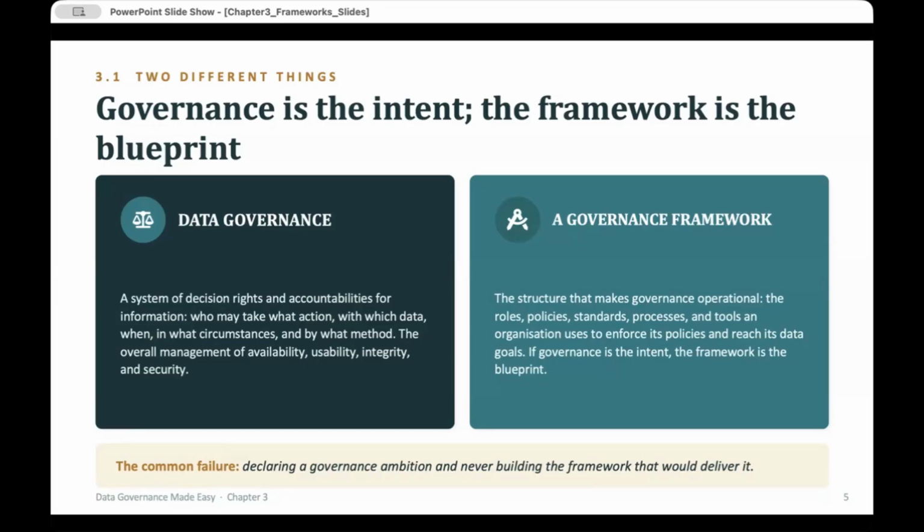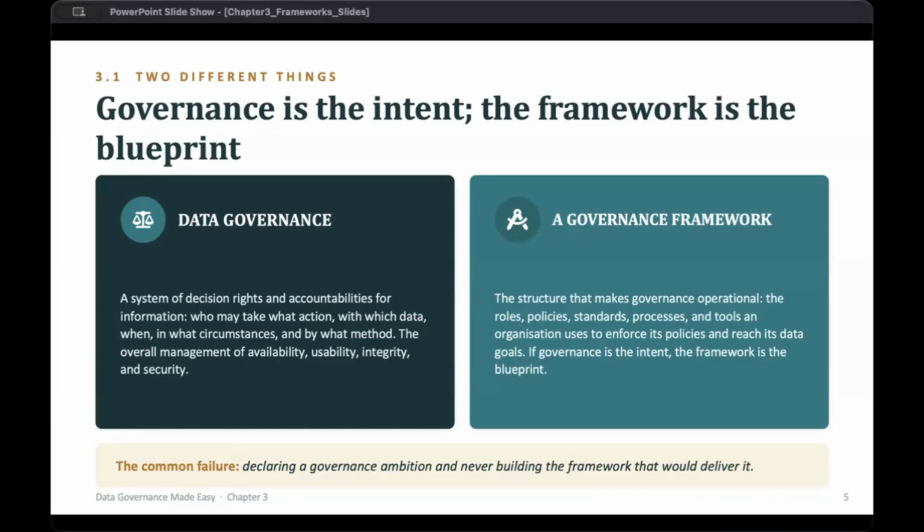The blueprint that enables us to do so operationally is what we call the framework. So let's understand it. Data governance is the decision rights and accountability for information. Who do you want to take action on data? What type of data are you assigning to that person?